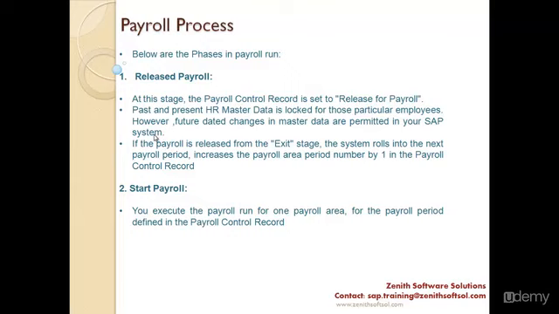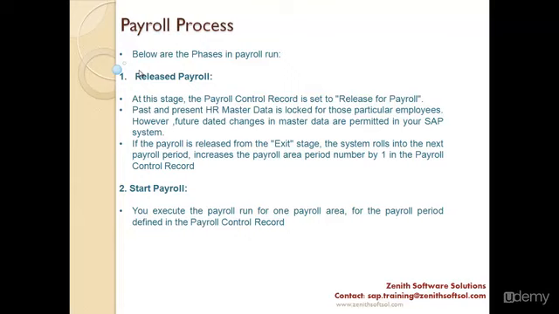That is why whenever you run the payroll, you first release the payroll, meaning you are locking the master data record so that nobody can make changes. But future dated changes are allowed, because future dated changes are not included in the current payroll run. So you can definitely make future dated changes, but for the past and present, you cannot.